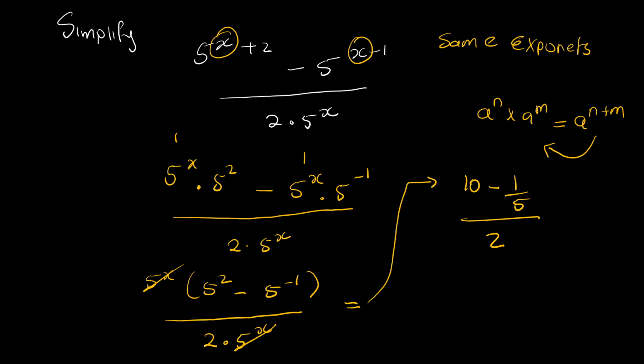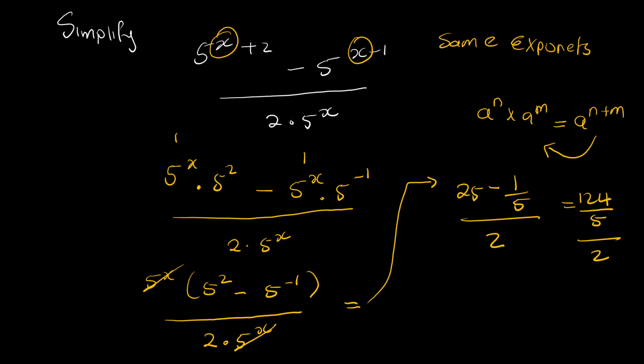So let's fix that problem. 5 squared is 25. So this will be 25 minus that. So now you can work out the top part: 25 times 5 is 125 minus 1, that will be 124 over 5, and then everything divided by 2.